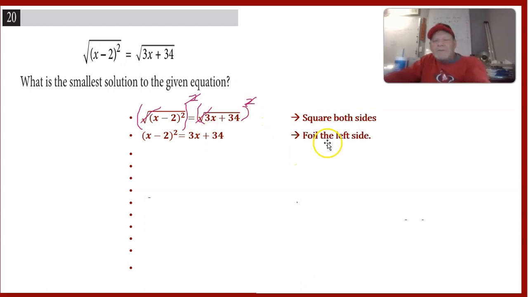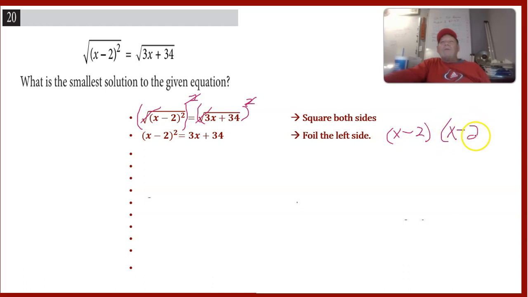So now I'm going to have to solve that by foiling the left side or squaring it. And remember, all that means is I'm taking my x minus 2 times my x minus 2 and foiling it.